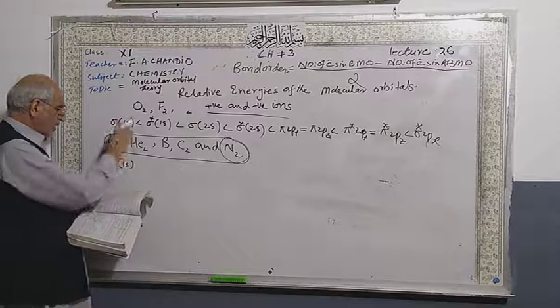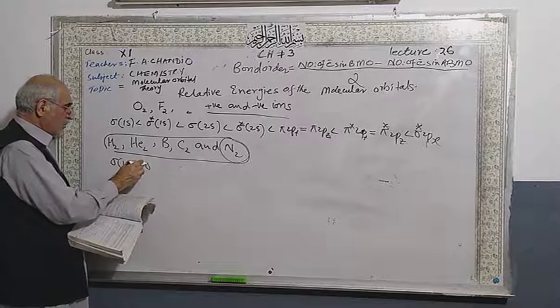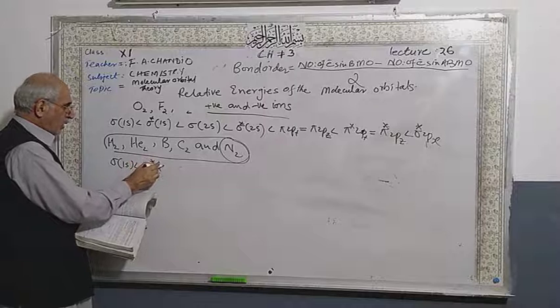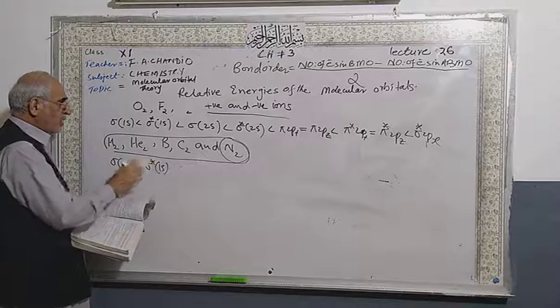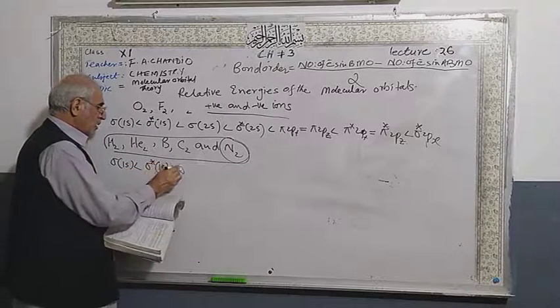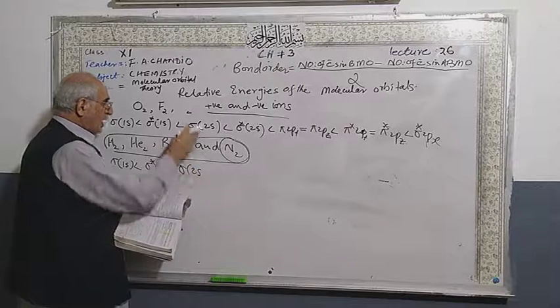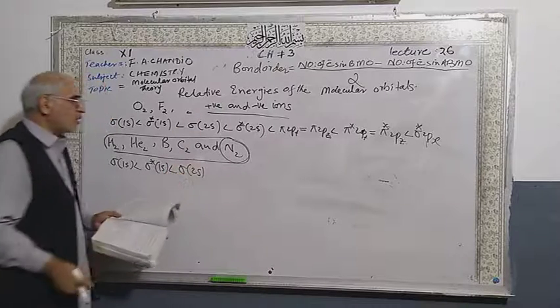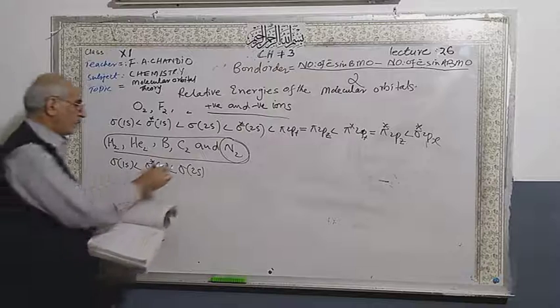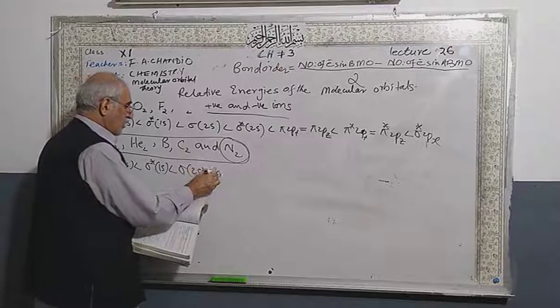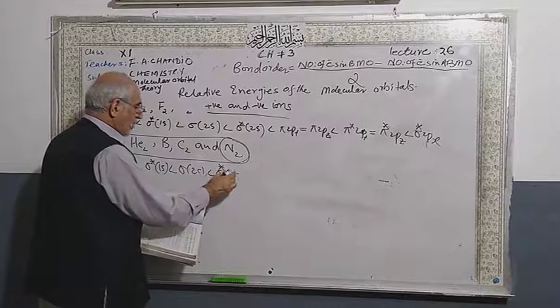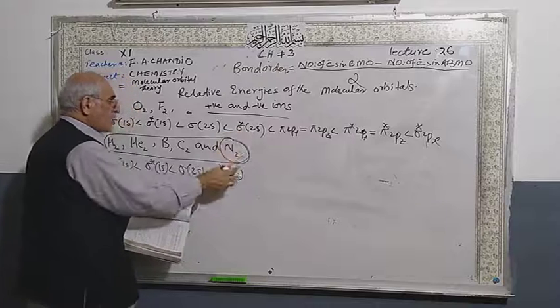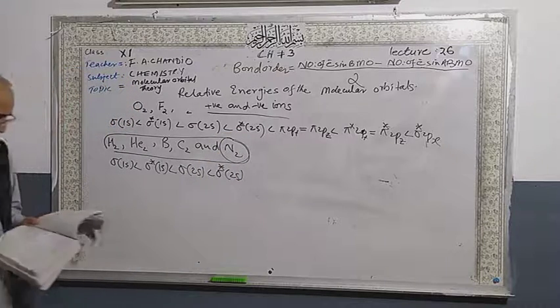Sigma 1s, same, no difference. Sigma star 1s, again same. Sigma 2s, again no difference. Sigma star 2s, same, no difference. Up to here, same.